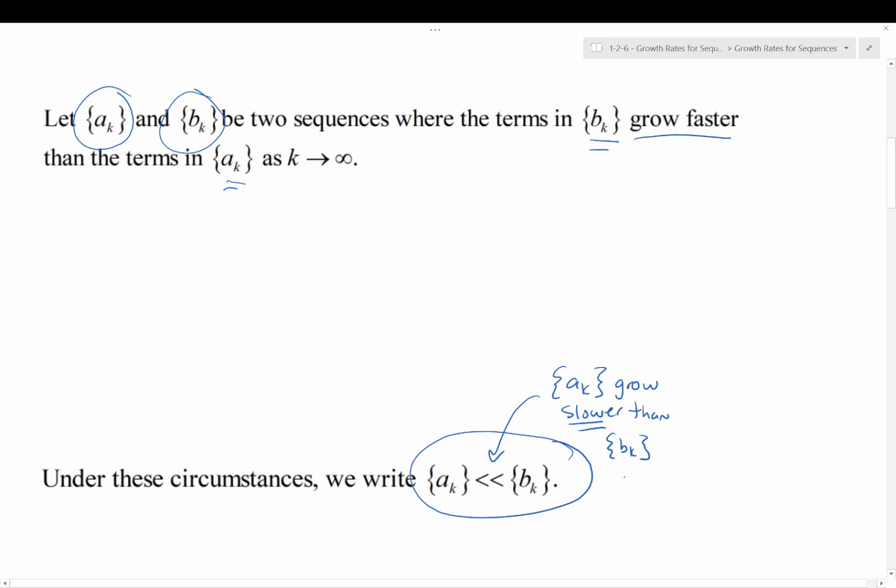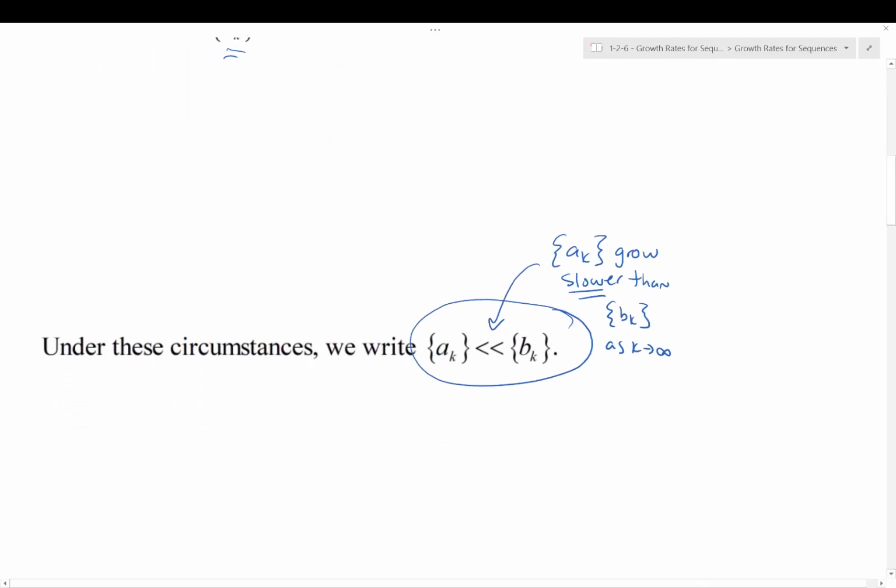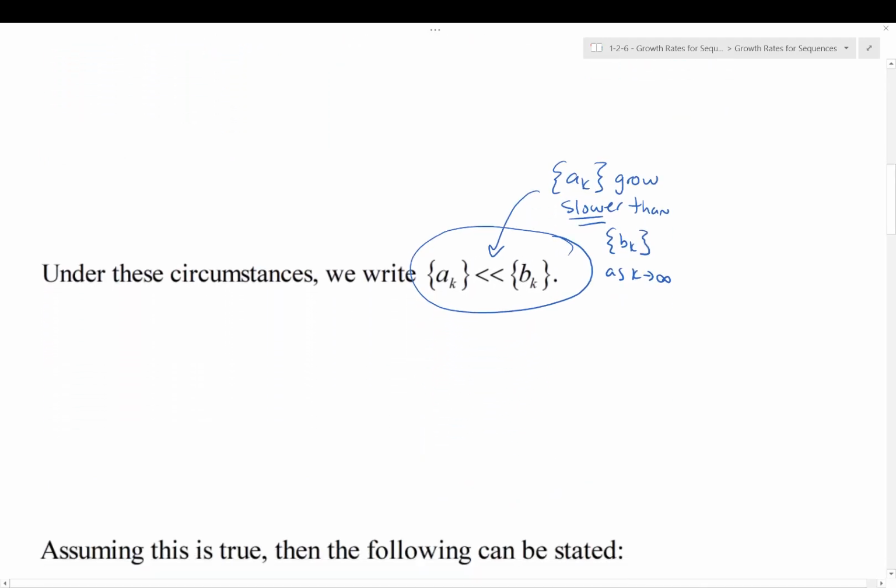And this, of course, is as k goes to infinity. It might not happen for the first 5 trillion terms or whatever, but eventually, in the long run, B sub k dominates. Okay, so that's the symbolic representation.